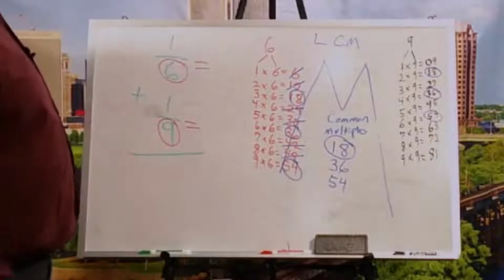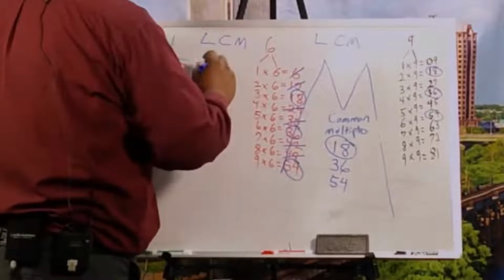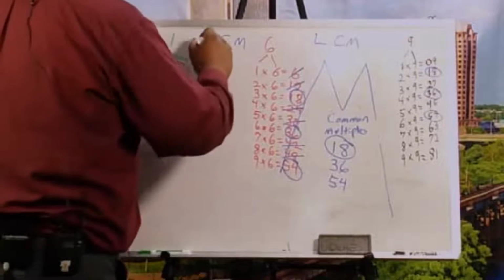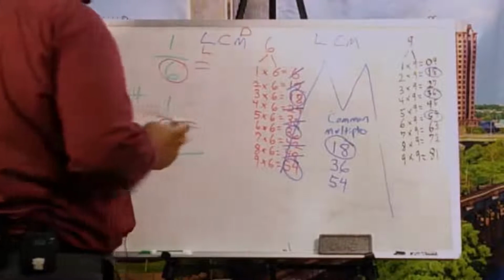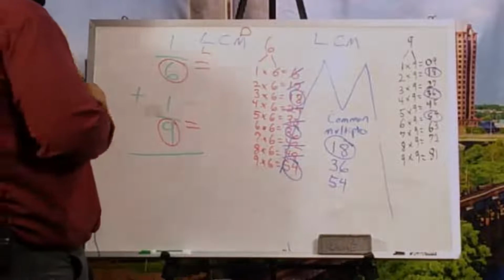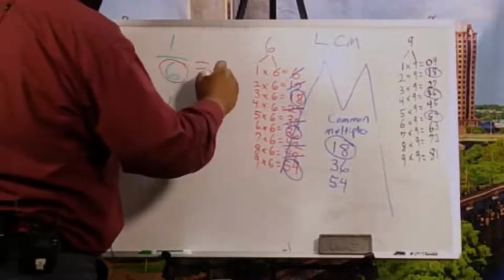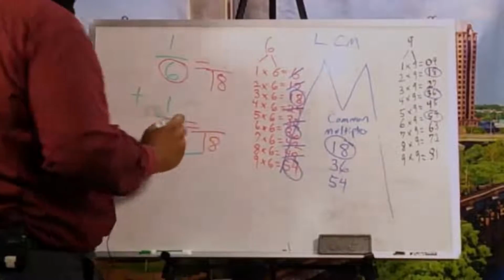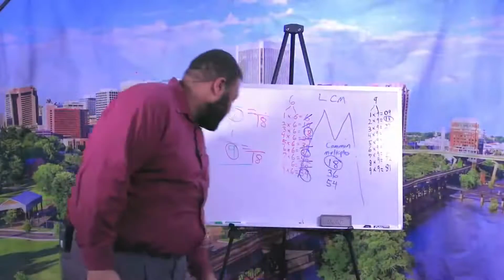Okay? And what I like is this right here. I say LCM is the same thing as your least common denominator. Your least common multiple is your least common denominator. So this is what we're going to do right here. Our new denominator is going to be 18 and 18. Let me stop right there real quick. Questions or comments?